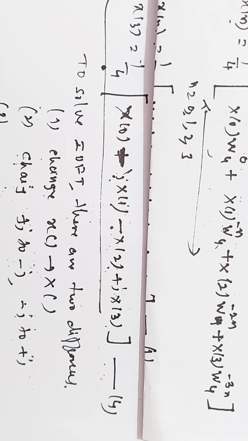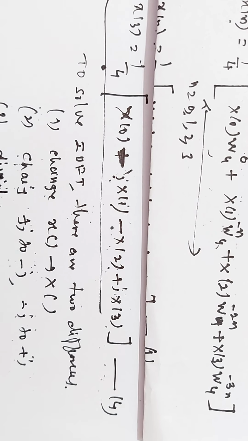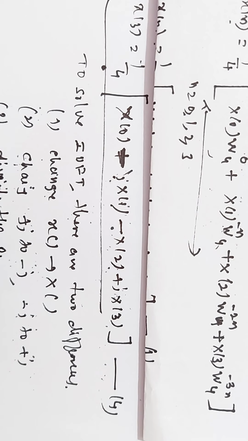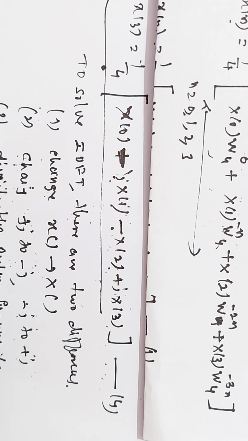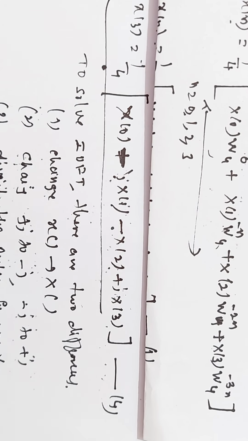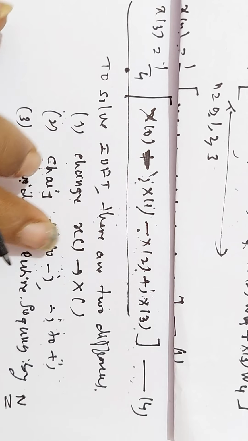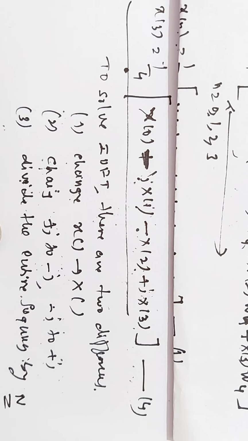Of course, one more: divide the entire sequence by the number of points. These are the three important points to be noted.